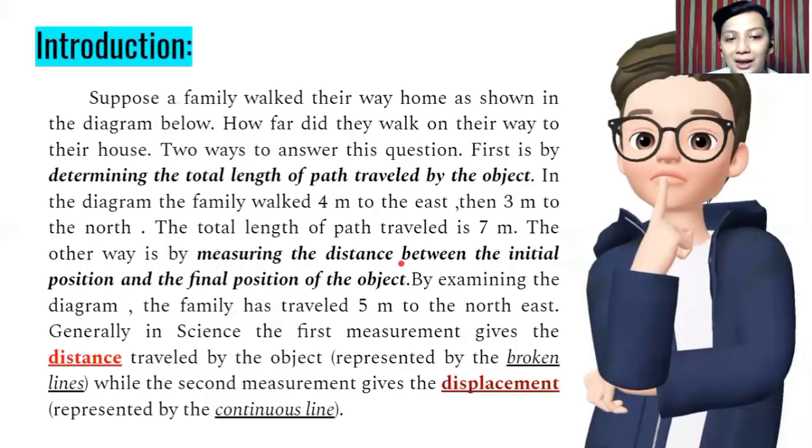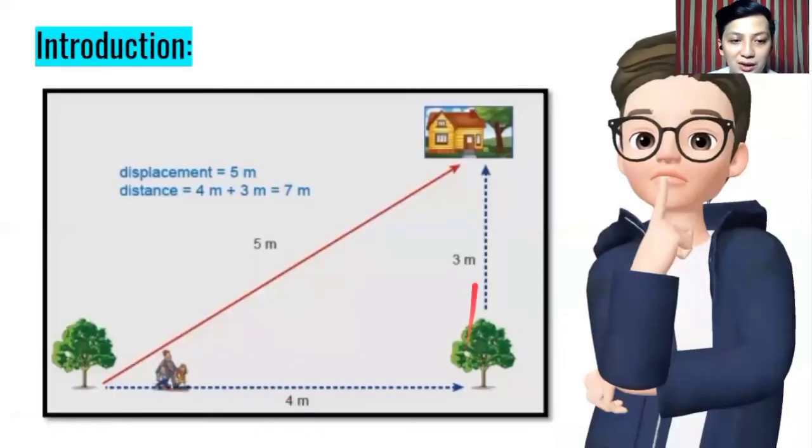So, kailangan natin ma-measure yung distance between the initial position and the final position. So, by examining the diagram, the family has traveled 5 meters to the northeast. So, yun yung in general. So, northeast sila nag-travel kasi kung makikita nyo, north and then east.